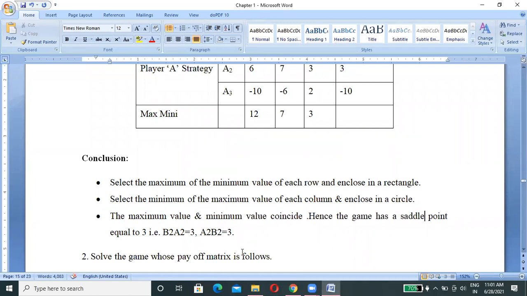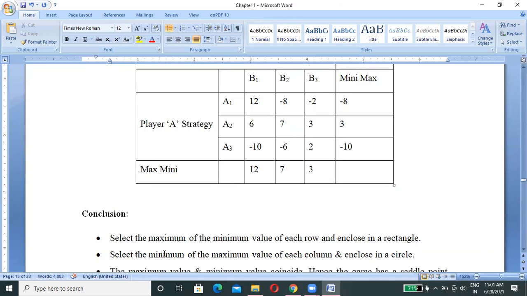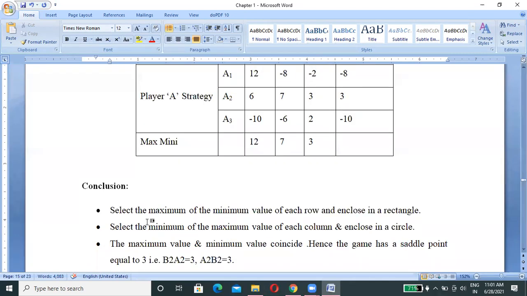Game has a saddle point that is equal to 3, that is B2 A2 is equal to 3 and A2 B2 is equal to 3. This is the way to solve the saddle point question. After getting the value 3, you have to write this conclusion.